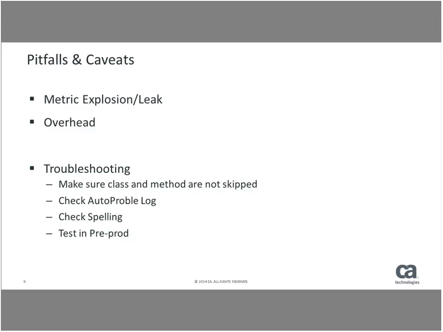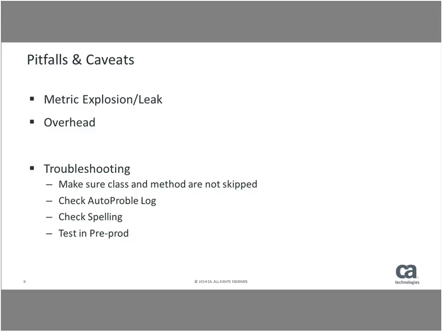So for example, you instrument, let's say, everything that's inherited from a particular interface or a particular class, right? Then if there are lots of classes that show up as separate metrics, it could lead to metric explosion.